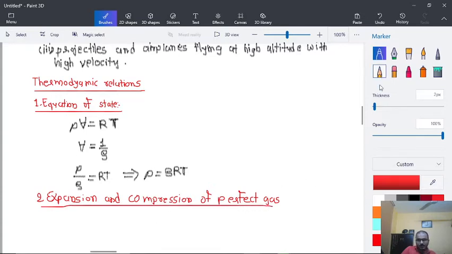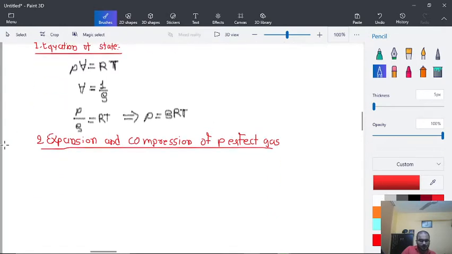First we will be discussing the isothermal process.